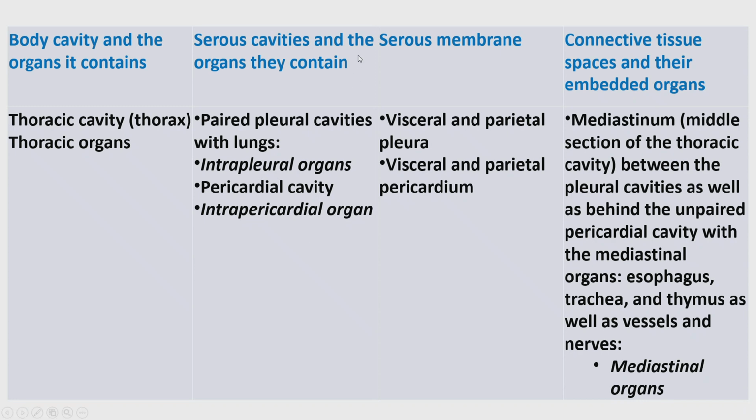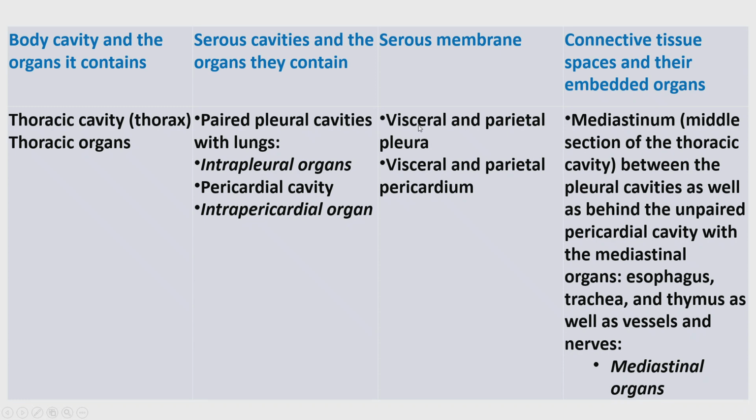These cavities are serous cavities: between the parietal and visceral pleura is the pleural cavity, where the lung is located, or there is the pericardial cavity, which, with the serous pericardium, contains the heart, that you had in the previous lecture.